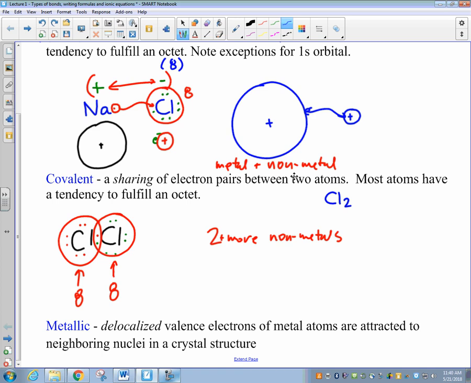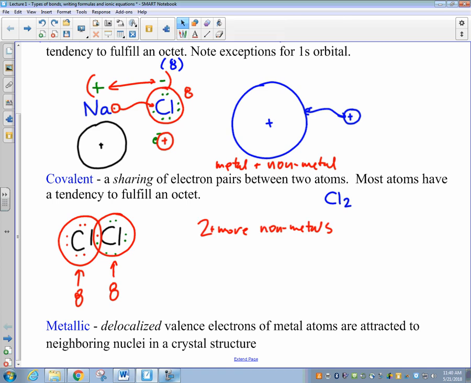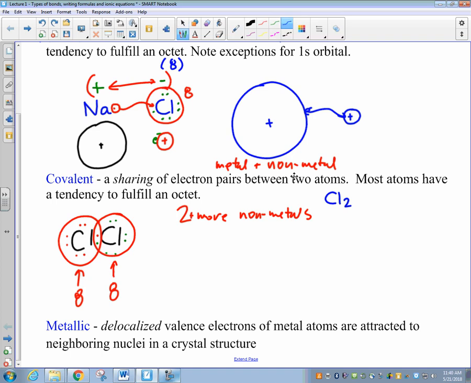So if you can imagine here a cesium-fluorine bond, if I were to look at the differences in electronegativity between cesium and fluorine, cesium has an electronegativity of 0.7 Pauling units.